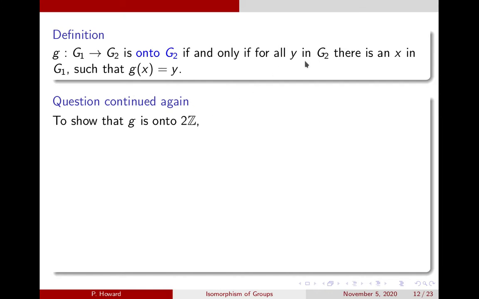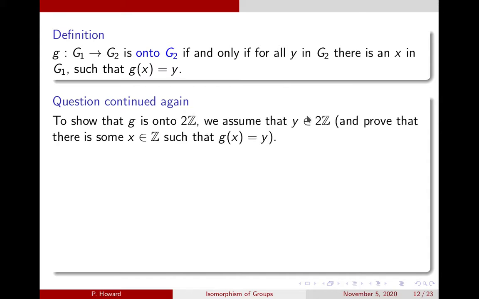Well, this is also a for all statement, so to show that g is onto the set of even integers, we will assume that we have a y in the second set, which in our case is the set of even integers. And then we have to prove what follows the for all statement.